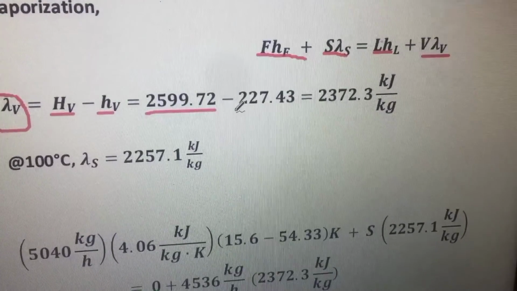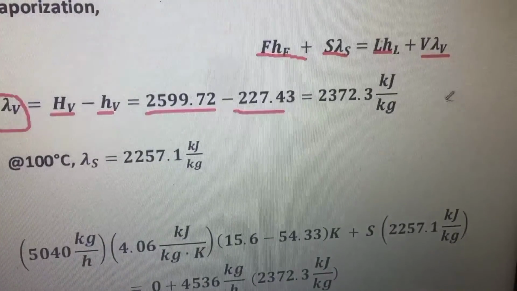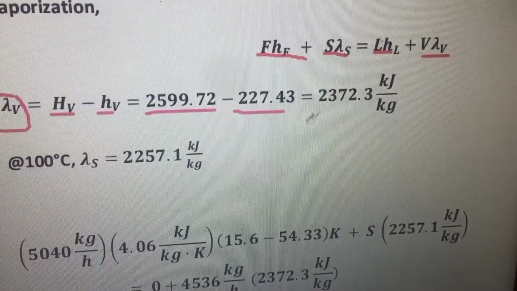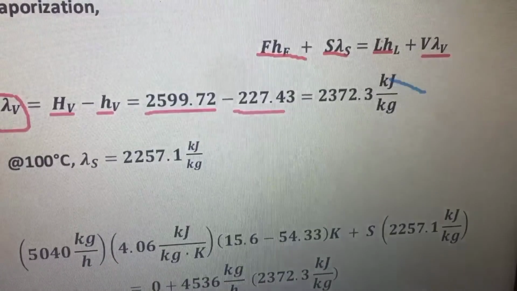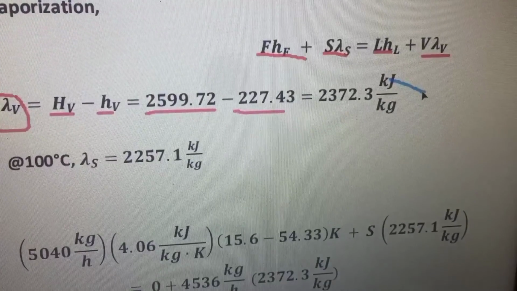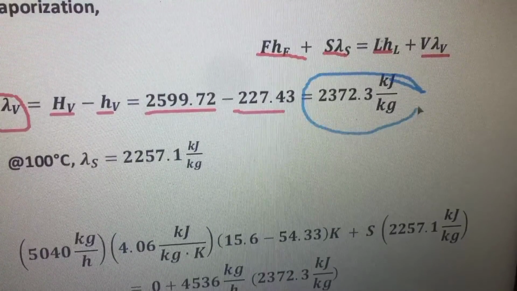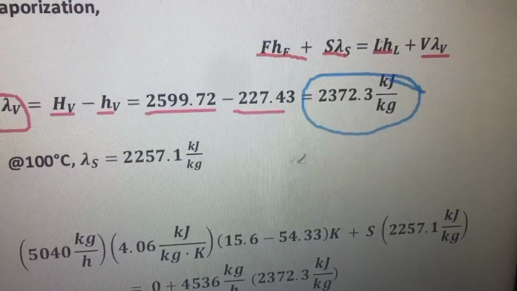We subtract the values and the answer is 2,372.3 kilojoules per kilogram.